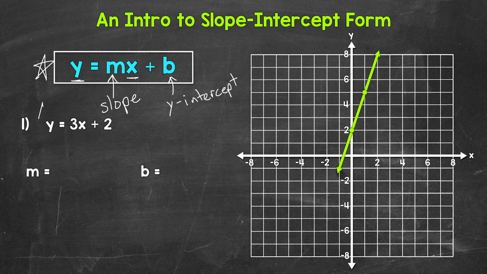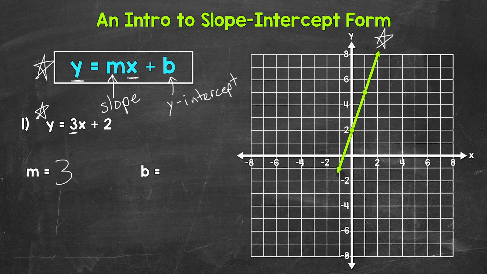So how do we go from this equation to this graph? Well, let's start with slope. What's our slope here? Our slope is next to x, so our slope is 3 here. So m equals 3. Remember, slope equals rise over run, the vertical change over the horizontal change.